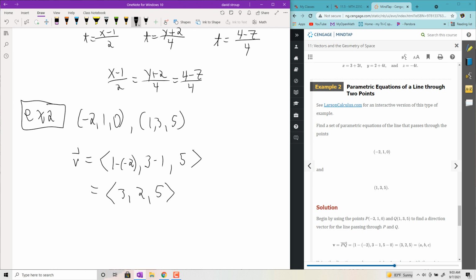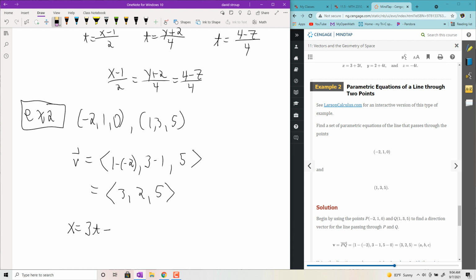Okay. Then again, you get your parametric equations and your symmetric equations. Once you get familiar enough, you could probably just go straight to the parametric equations. So it's always going to be x equals the directional vector times t plus whatever your initial point is, whether you want to use this first guy, the -2, 1, 0, or the 1, 3, 5 as your initial point.